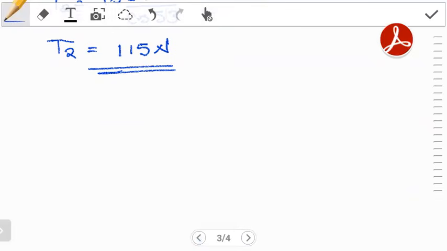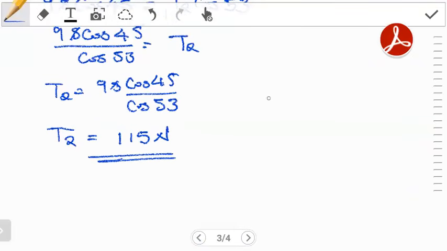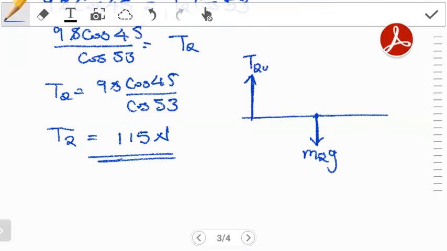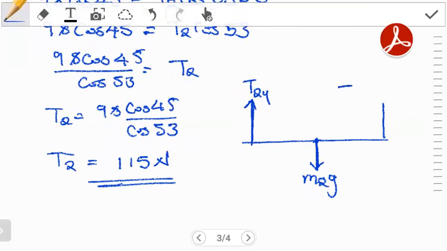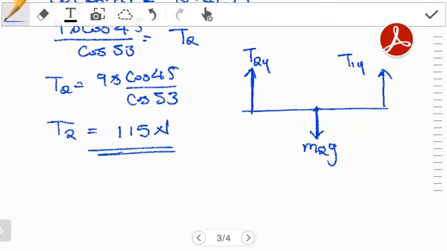We had m2g going down, and then somewhere here we had T2y going up, and then here we had T1y going up. So these are the forces which we had in the y-axis.